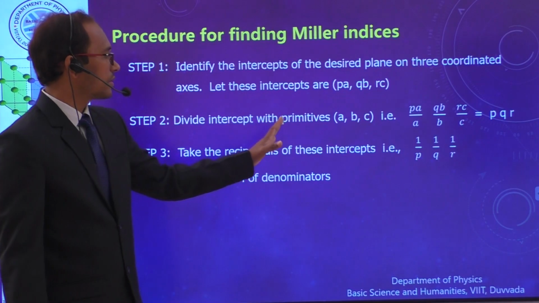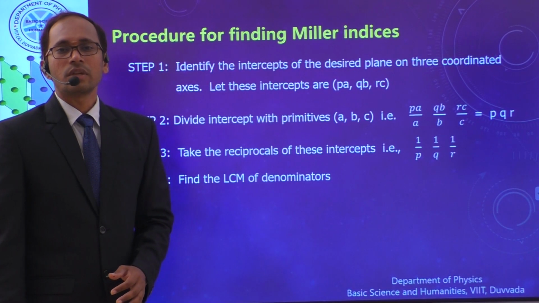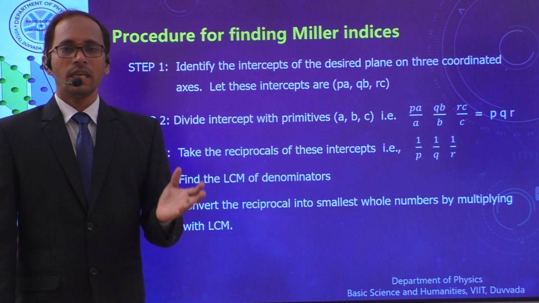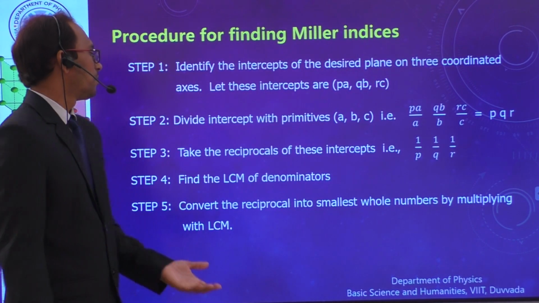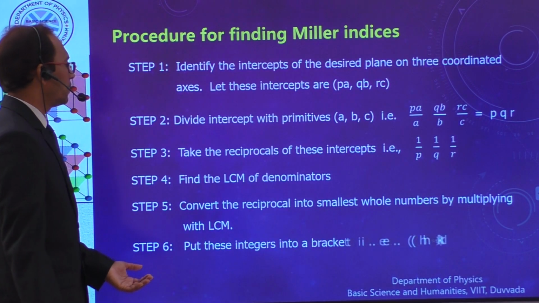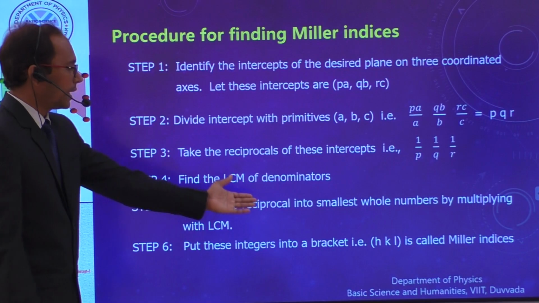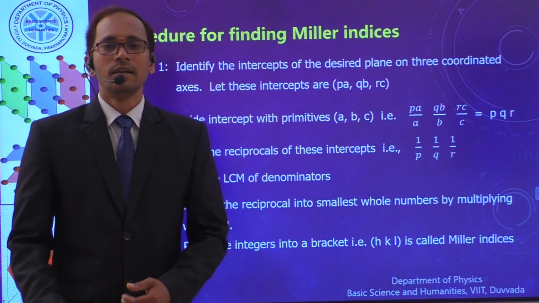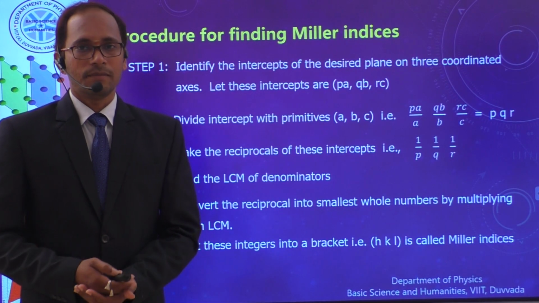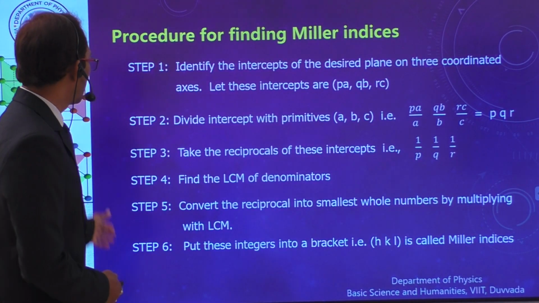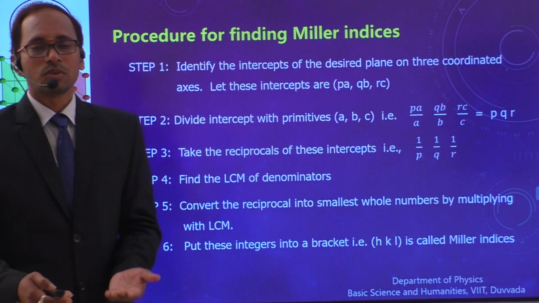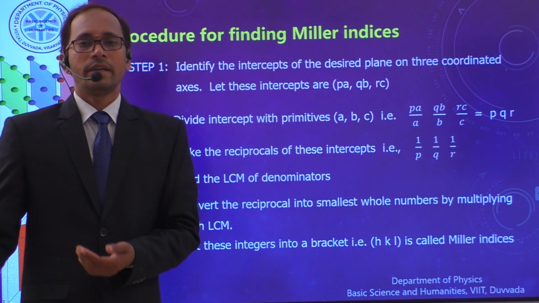If they are in fractions, take the LCM and convert the fractions into the smallest integers by multiplying with the LCM. The final numbers, if you keep them in a bracket, are the Miller indices of the given plane. So this is the procedure. You have 6 steps to follow to convert a plane into the Miller indices.